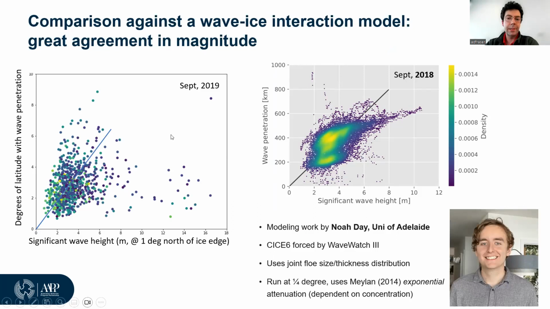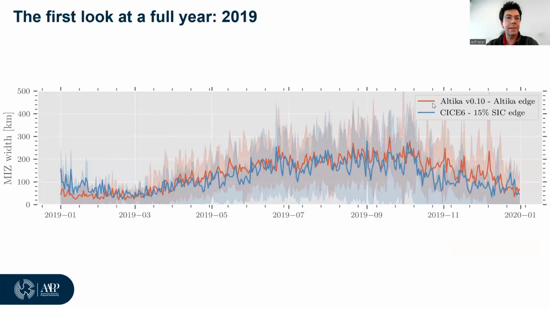Now this figure gives us even more confidence because what we have here in the red line is the number from the altimeter, and the blue line is NOAA's numbers from his ice ocean model. And so we get almost identical seasonality from NOAA's model and from the satellites. So this is really our first seasonality of wave penetration into Antarctic sea ice.